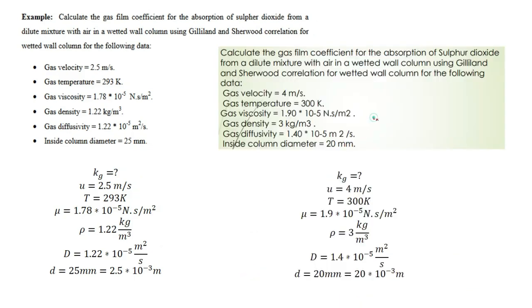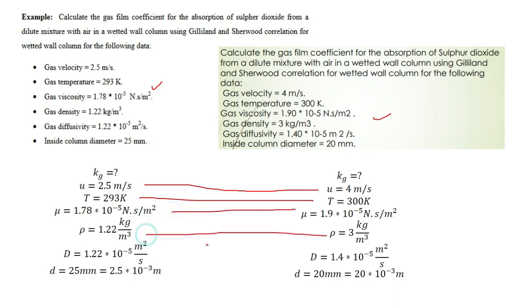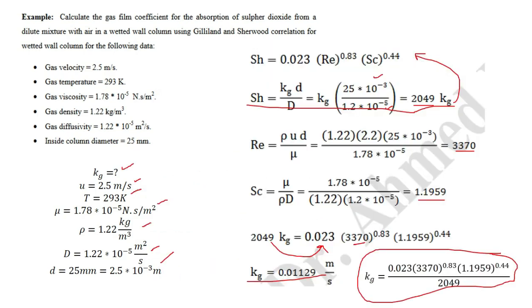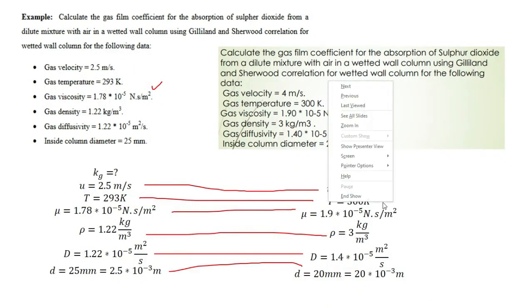So this example was similar to this, just the parameters are different. U is given, temperature is given, viscosity is given, density is given, diffusivity is given, and diameter is given. Just the numbers are different. You have to do the similar calculation, just change the parameters and your answer will be different.